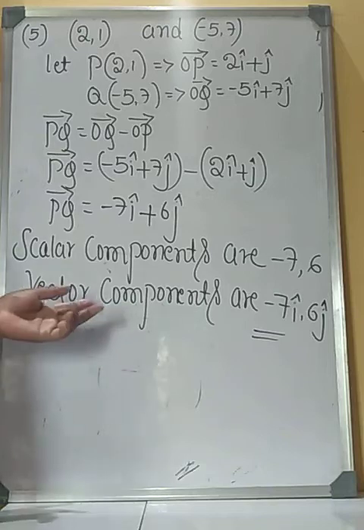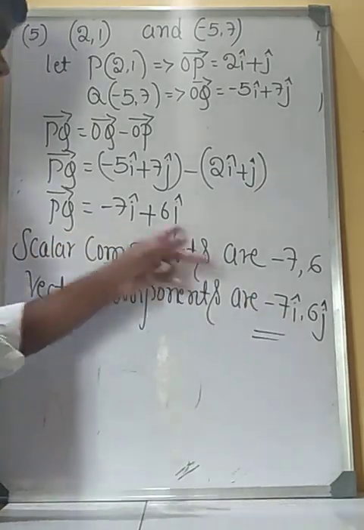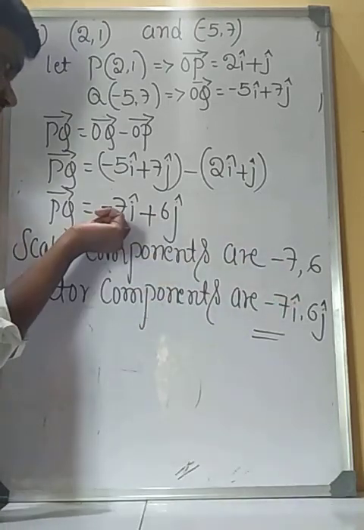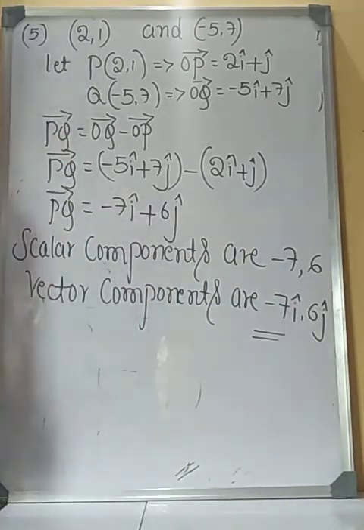So vector components are -7i and 6j. Scalar components are just -7 and plus 6.